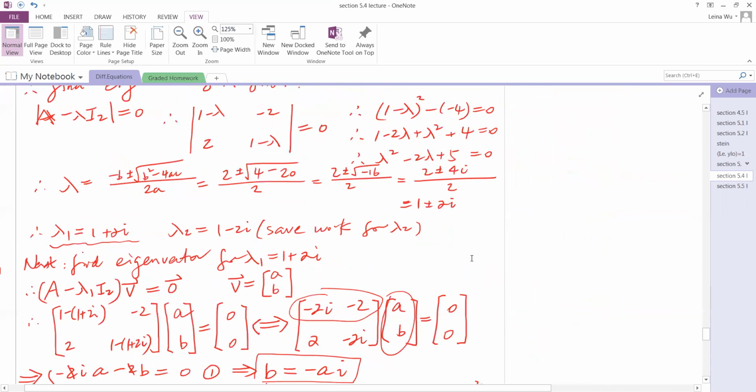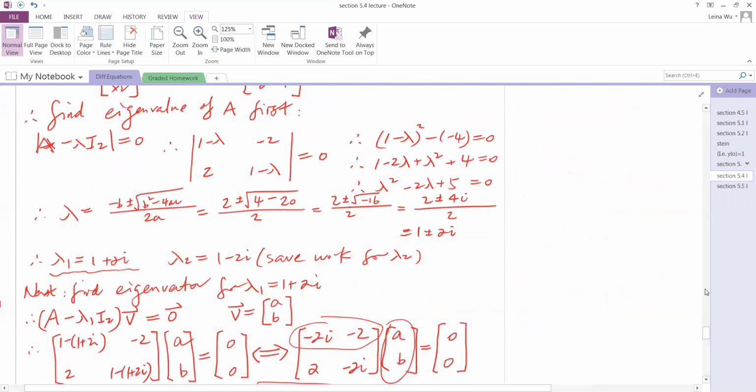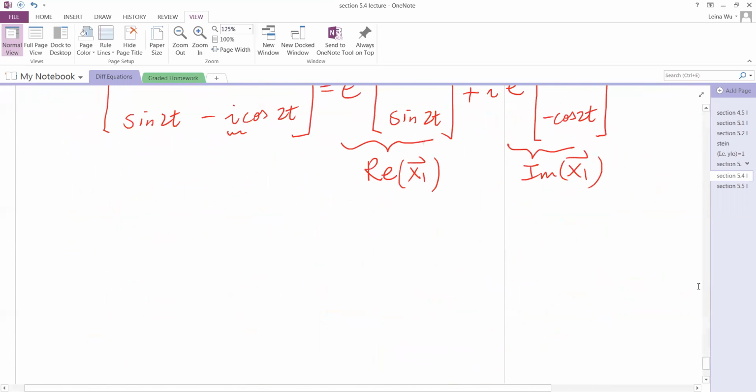Now we can just write down our general solution based on our experience from the previous example. So the general solution x bar. Therefore, the general solution x bar would be some constant.